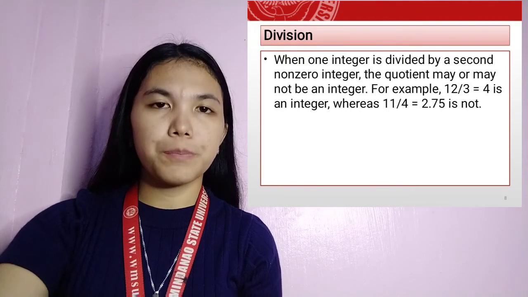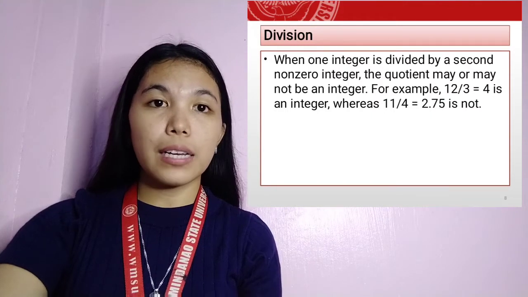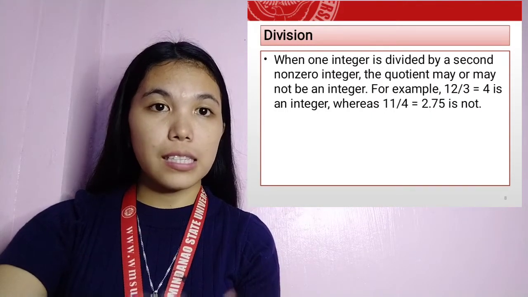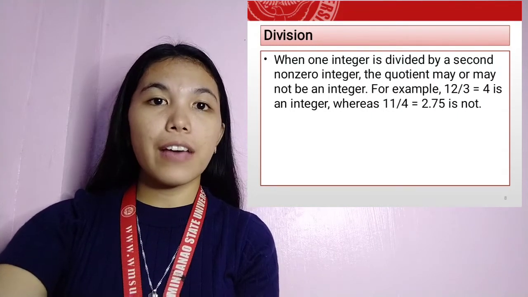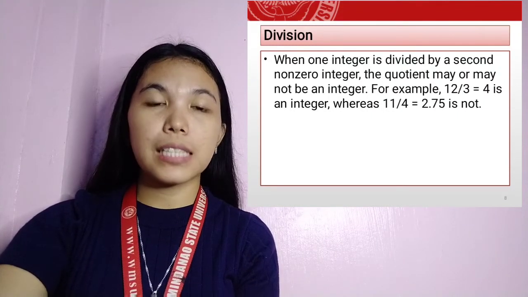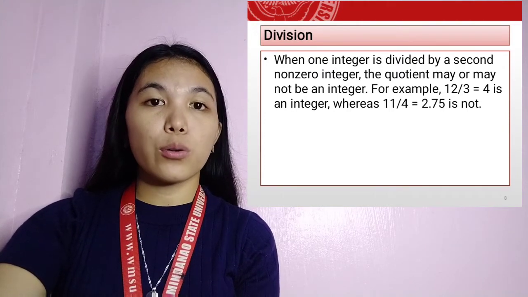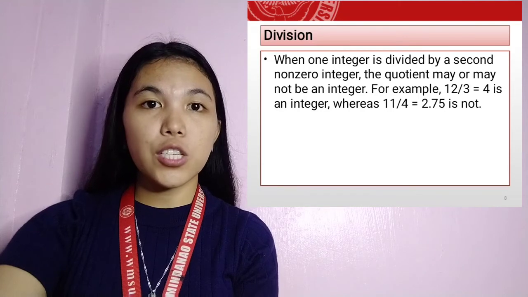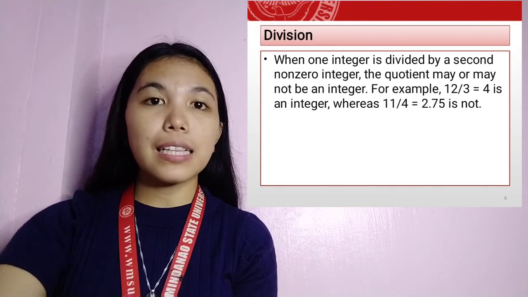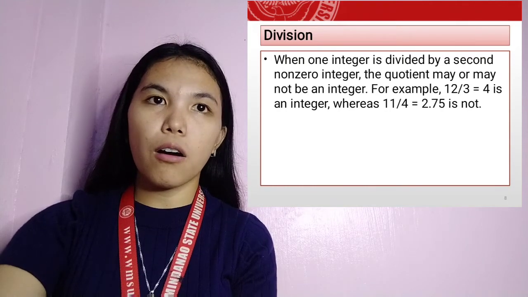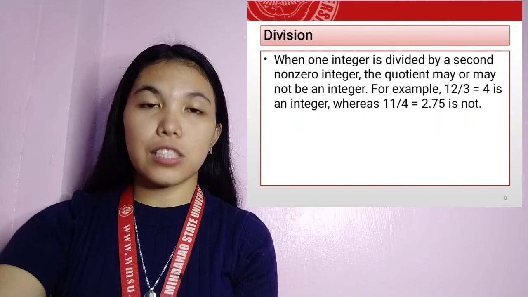For example, 12 divided by 3 is 4. So, it is an integer because it is a whole number. Whereas 11 divided by 4 is equal to 2.75, which is not an integer because it is a decimal. Decimals and fractions are not considered as integers.